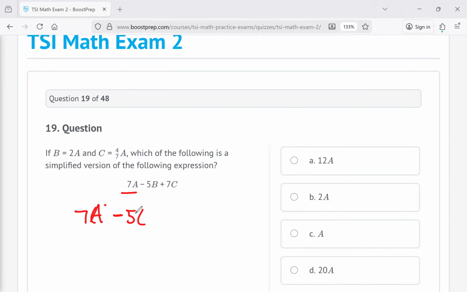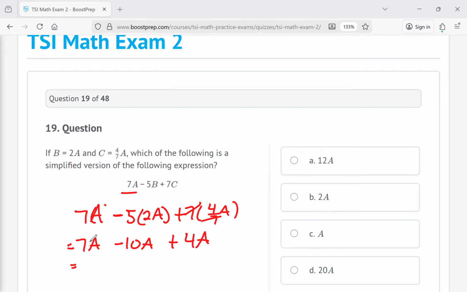Minus 5 times b, b is 2 times a, plus 7 times c, so c is 4/7 a. Okay, this is 7a. Negative 5 times 2 is negative 10a, plus 7 times 4/7a, the 7 cancels, so you're left with 4a.